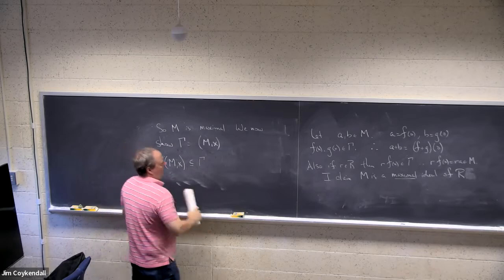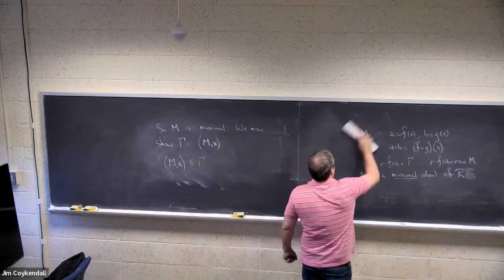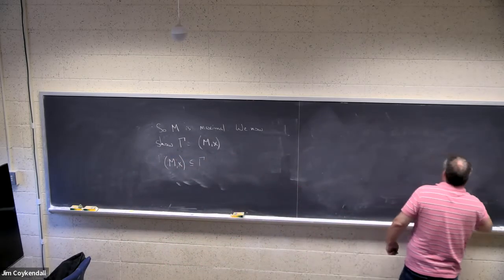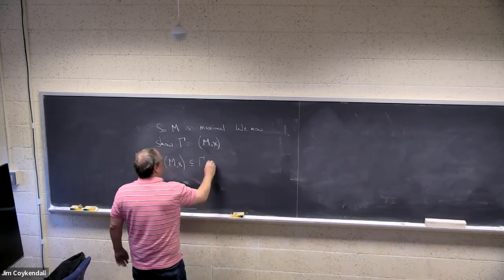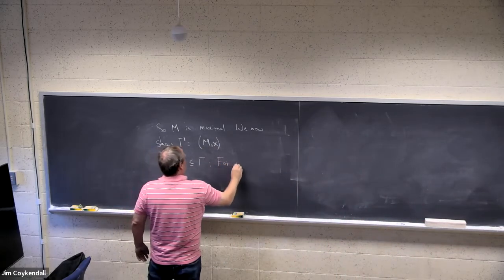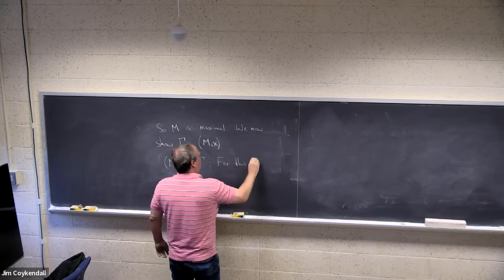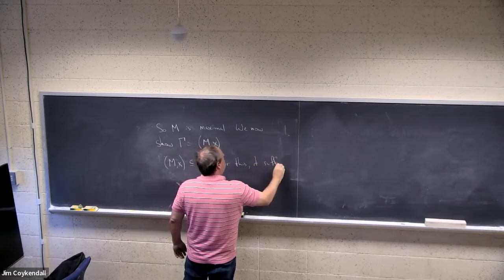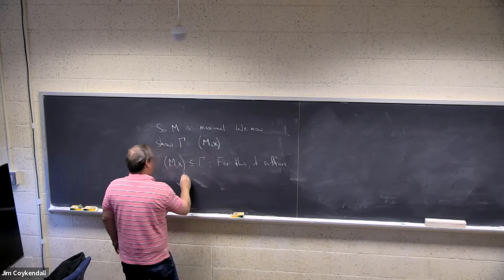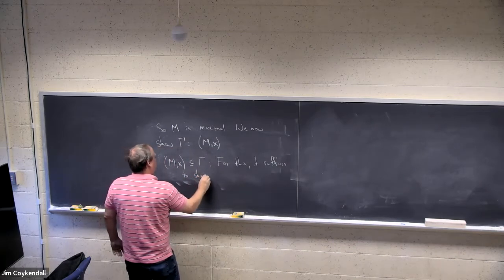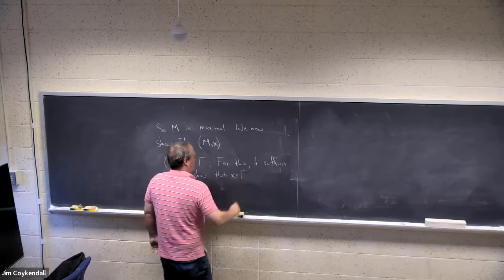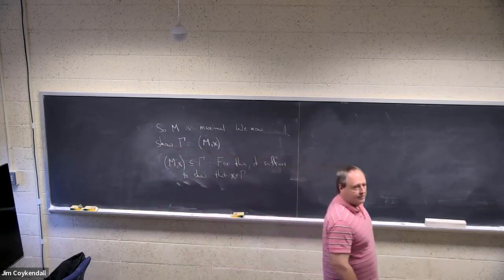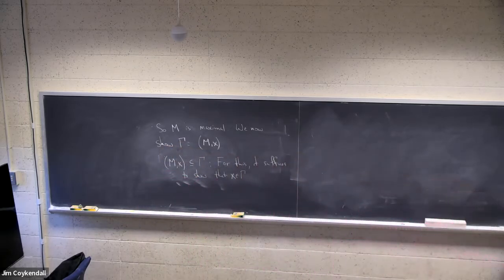Why is this true? For this container, it suffices to show that X is in gamma. And how do we show that?